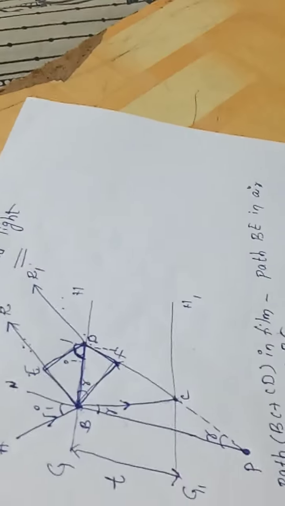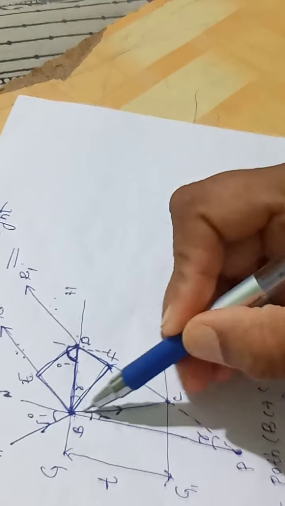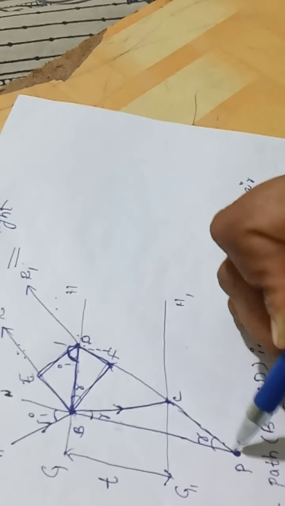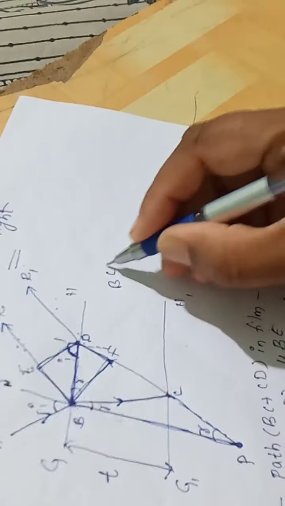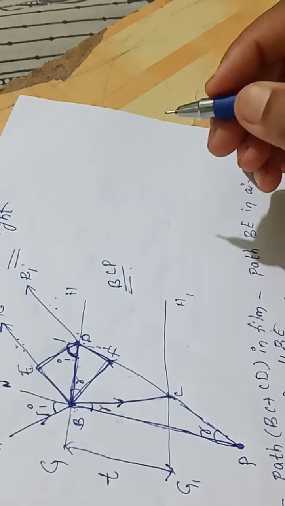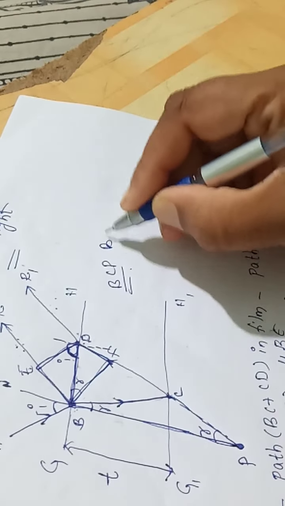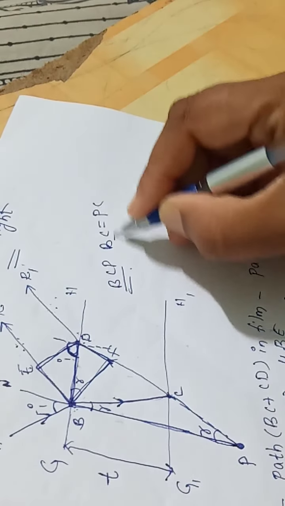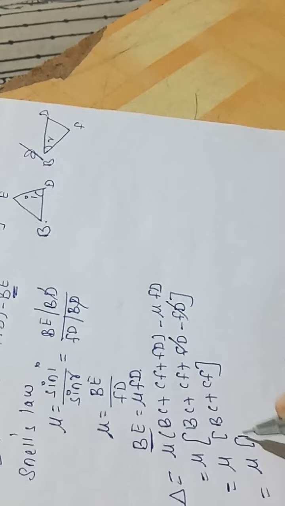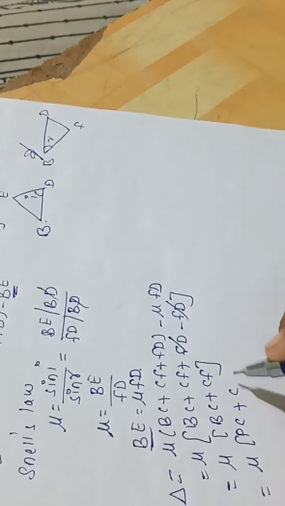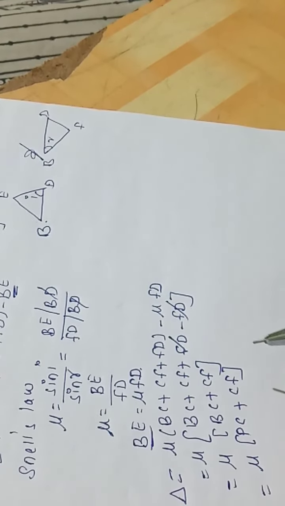From triangle BCP, BC is equal to PC. So in place of BC I am writing PC plus CF.